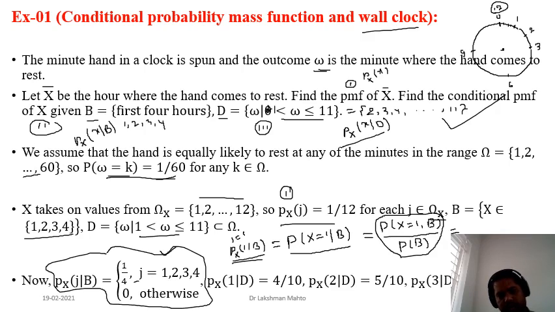Hello, are you listening to me? Okay, Prashant, you answer. Prashant Sharma, I'm asking the question from you. What will be the probability of the last ratio that I had given? What would be that conditional probability? Prashant, are you listening to me or not?